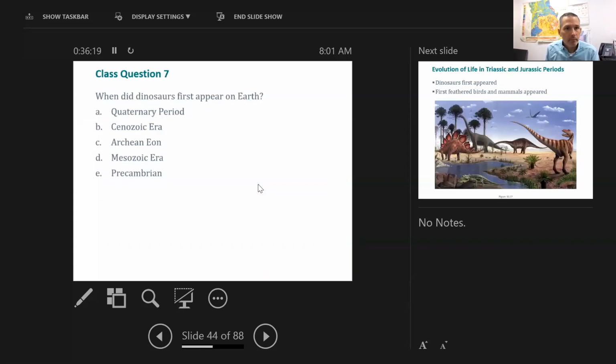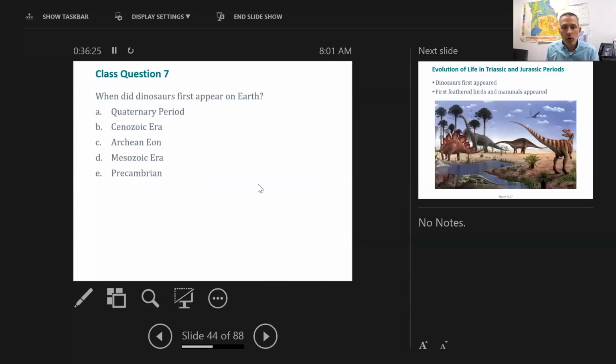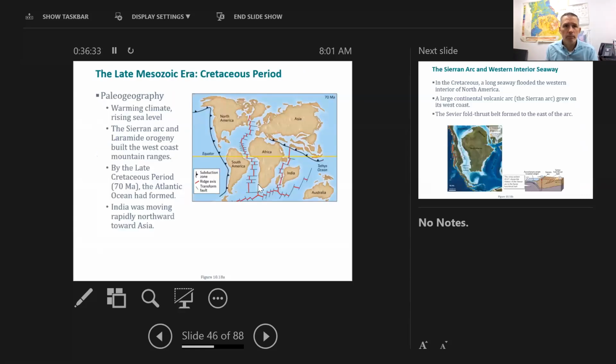In the Triassic and Jurassic, which is part of the Mesozoic. And so this question is asking, what is the era that we had dinosaurs occurring? So in this Mesozoic era, again, we had dinosaurs occurring.